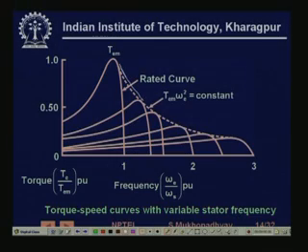If you decrease it, keeping the voltage constant, then again you are going to have flux saturation. So typically frequency is increased above the rated value, and this figure shows what will happen if you raise it higher.